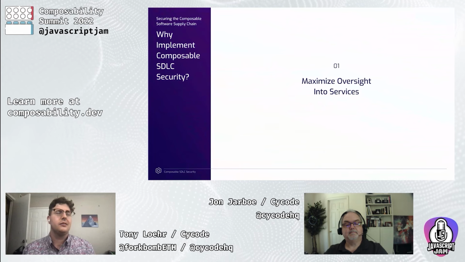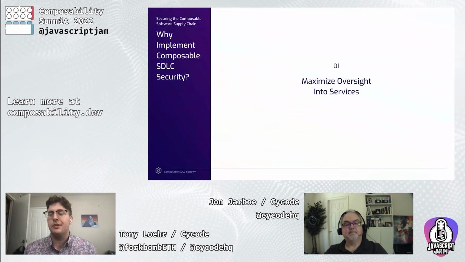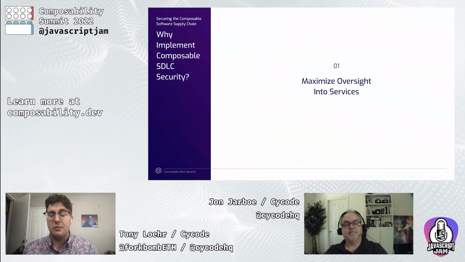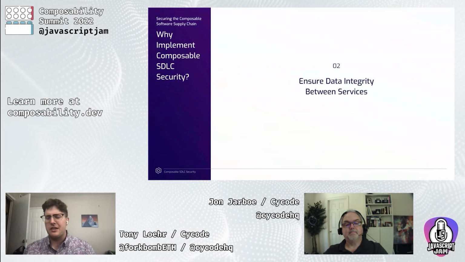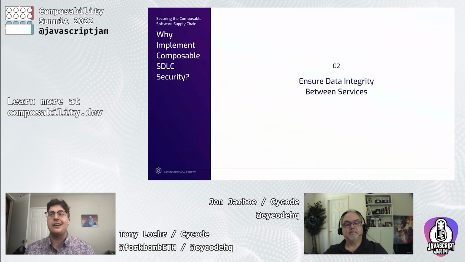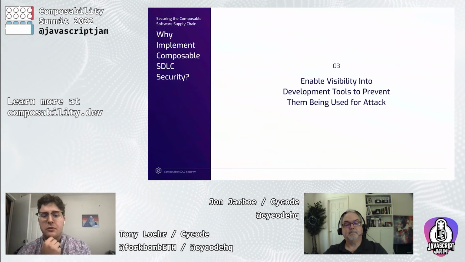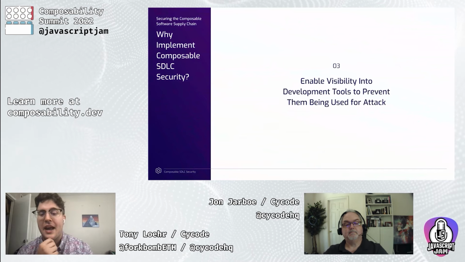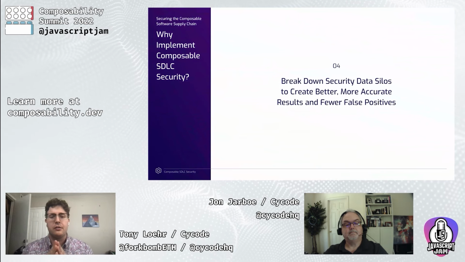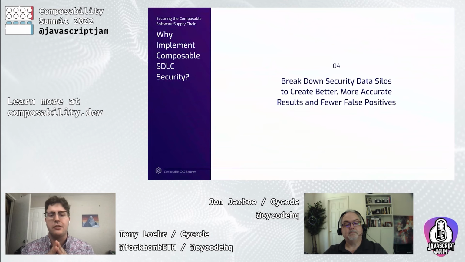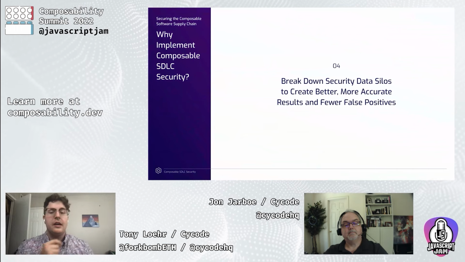Creating this complete asset inventory provides a huge number of benefits for security. We believe that visibility equals security in that way. Ensuring data integrity between services is integral to this as well. Enabling visibility into development tools helps prevent them from being used for attack. In addition, breaking down security data silos to create better, more accurate results and fewer false positives is another humongous reason.